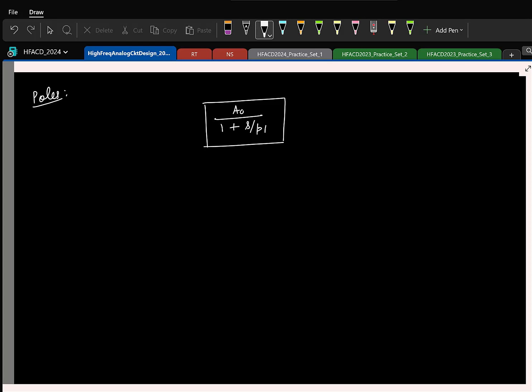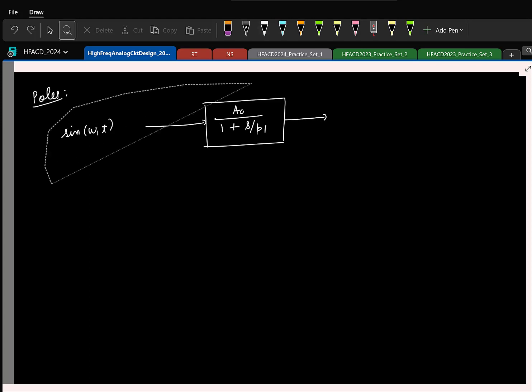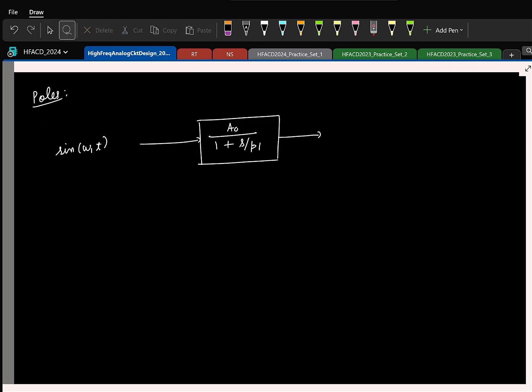right? Now let us say I feed in a signal, a sinusoidal signal, sine of omega 1t. Right? So what can you say about the steady state output? In the steady state, how do you think the output will look like?